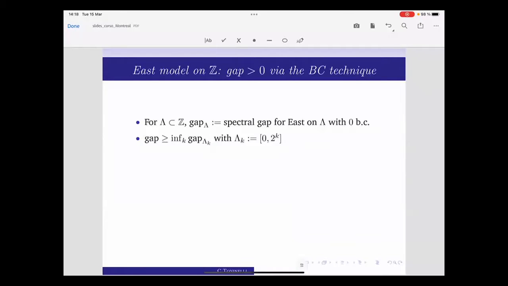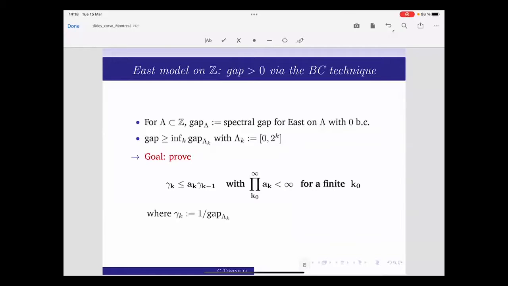So we have the model on Z, and recall that I can define the model also on a finite volume, provided I define a boundary condition.